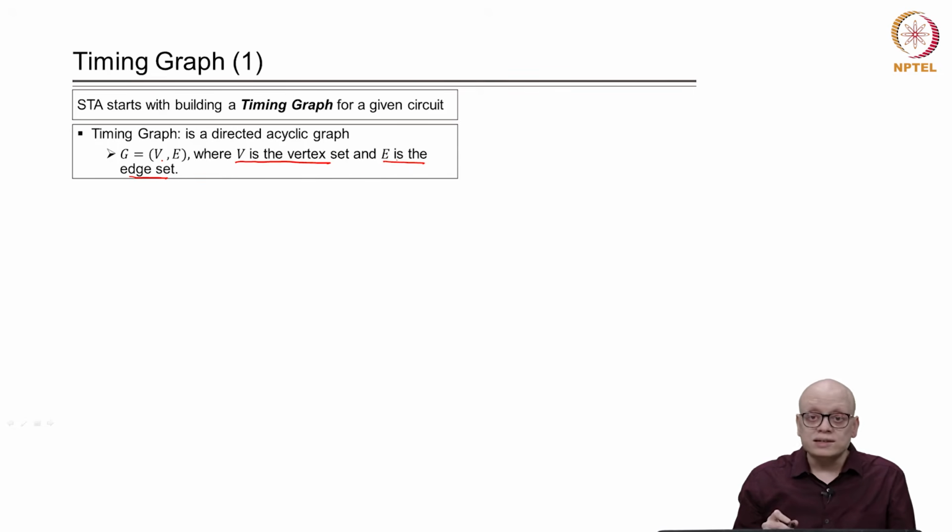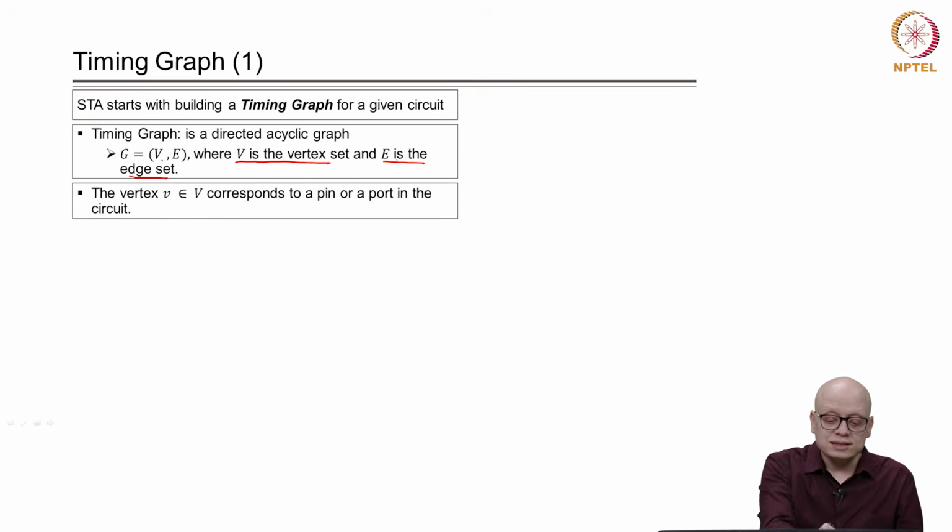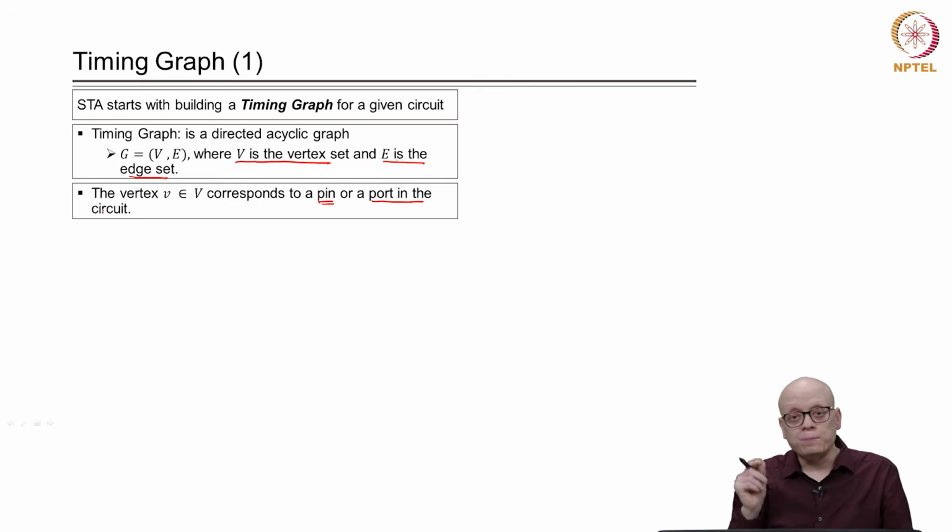Now, these vertices and edges are defined in a special way for a timing graph. The vertices in a timing graph correspond to pins or ports in the given circuit. So, the pins and ports that are in our circuit are basically the vertices of the timing graph.